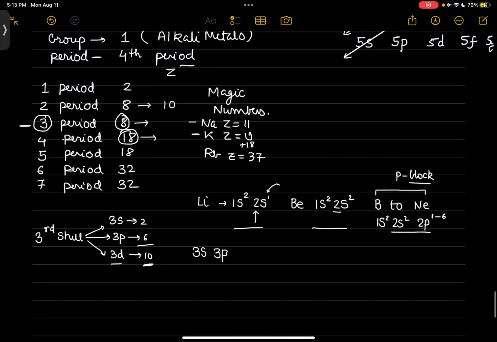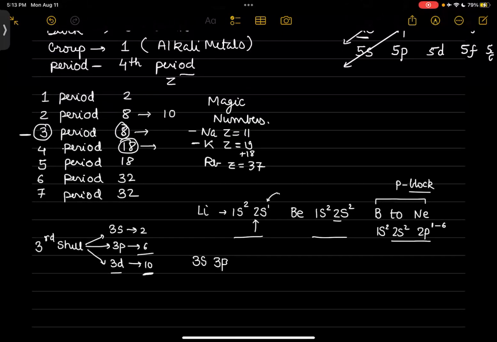So we have discussed some of the properties. These are short periods. You can write them. And the other two periods are long periods. Got it?